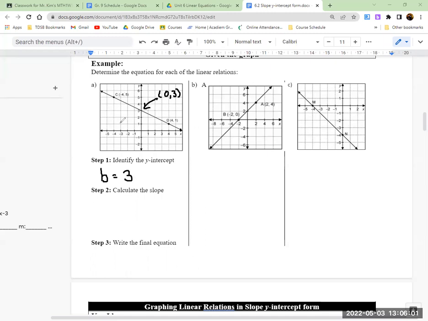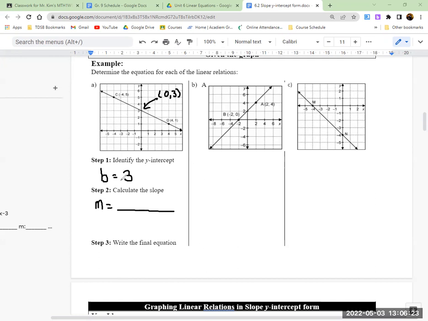Next, I need to calculate slope. Well, the question doesn't give me the number itself, but it does give me 2 points. I could use any 2 points. I could use 0, 3 as well, but might as well use letter C and letter D. How do you know which one to subtract?